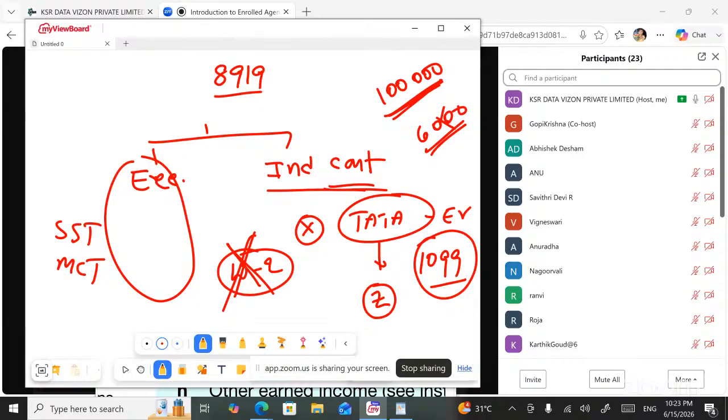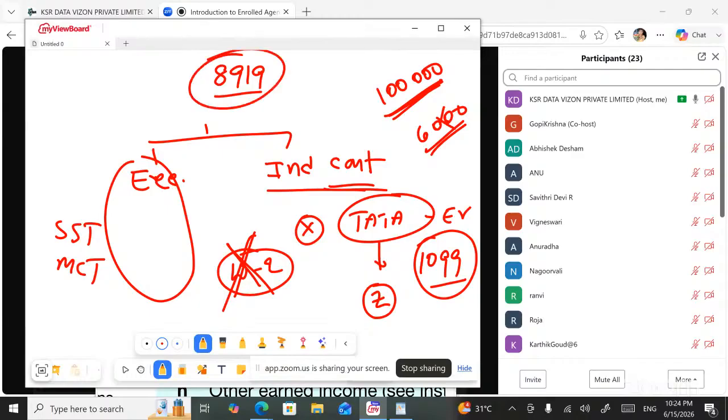Later, this Z can approach the IRS department. He can say, even though I am an employee, I am having the eligibility to get the additional amount, and this story will be communicated properly by Z to the IRS department. Then the IRS department gives one form to Z, and that form number is 8919.